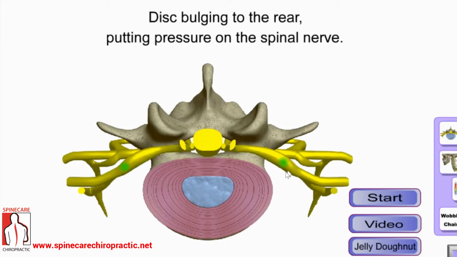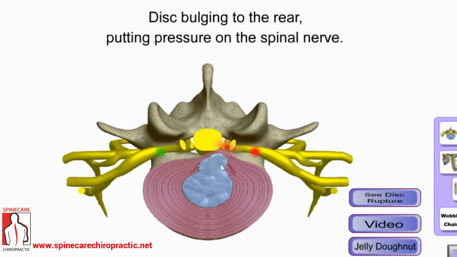So a normal disc, what you will see is that the gray material in the middle is actually enclosed and surrounded by this red color cartilage over here. What happens when you have slip disc is that there is damage to the cartilage and eventually it tears.